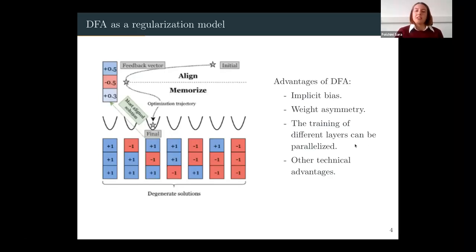And the training of the different layers can now happen in parallel, which goes in the direction of saving energy, which continual learning methods should always take into account. And then it has other technical advantages. For example, the activation function can be non-differentiable because we don't need to differentiate it anymore.